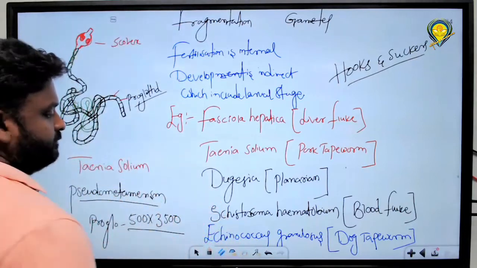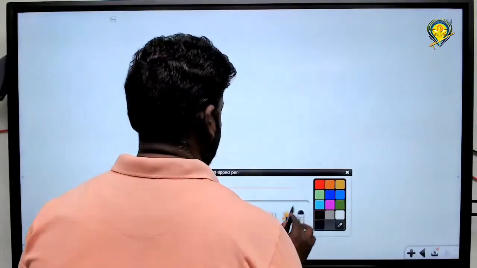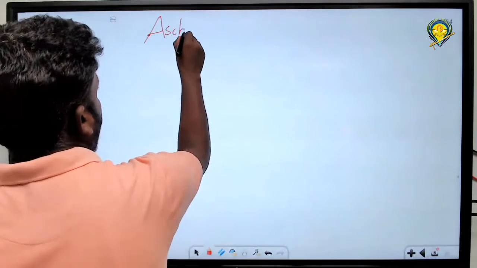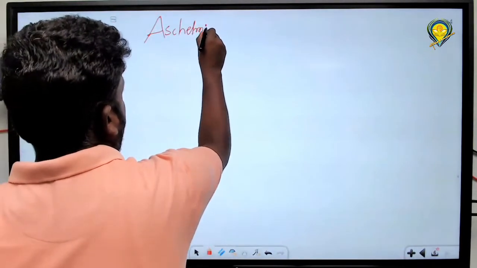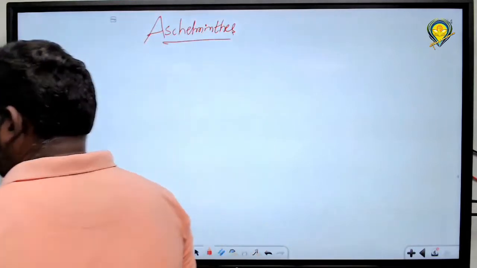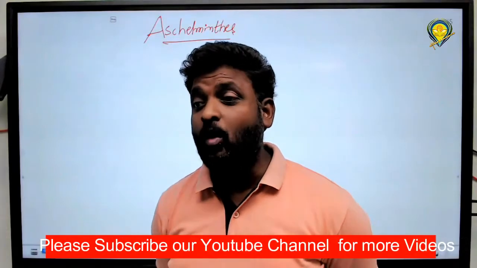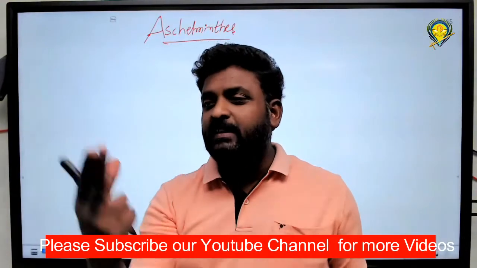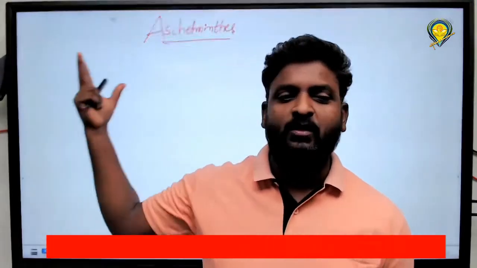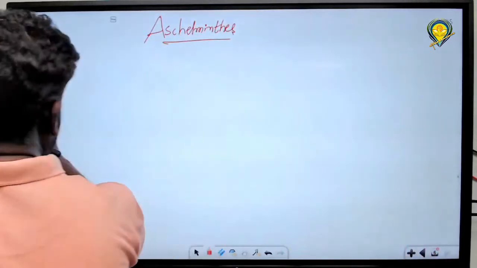SKRM. Please write it. Right? SKRM. What is the common name? All of you: roundworms. Very good. Why is it called roundworms? In cross sections, we can find round regions like that. Hence it is called as what? Roundworms. Please write it.